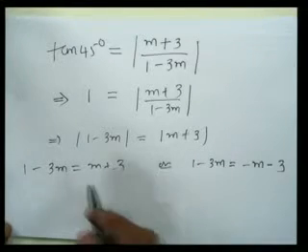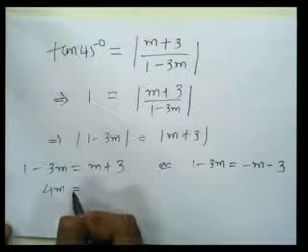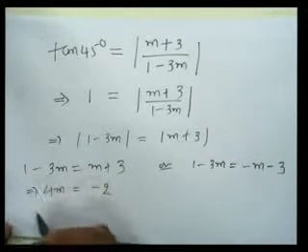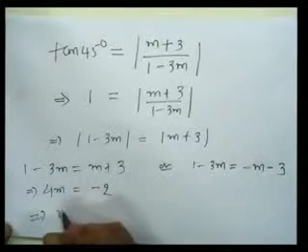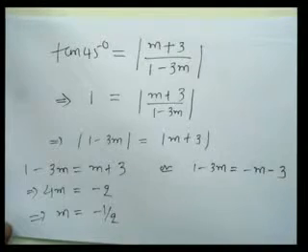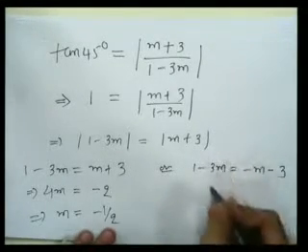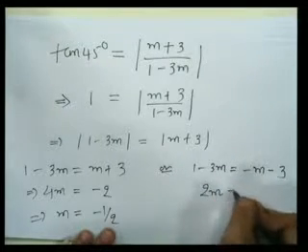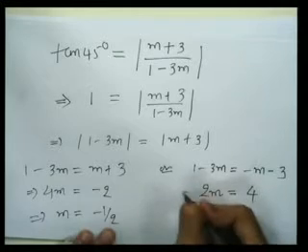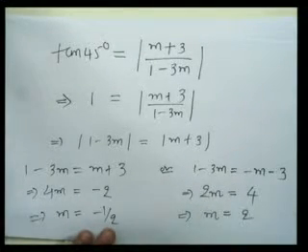For the first one, we will get 4m is equal to minus 2, so we will get m is equal to minus 1 by 2, and for the second one, we will get 2m is equal to 4, so we will get m is equal to 2.